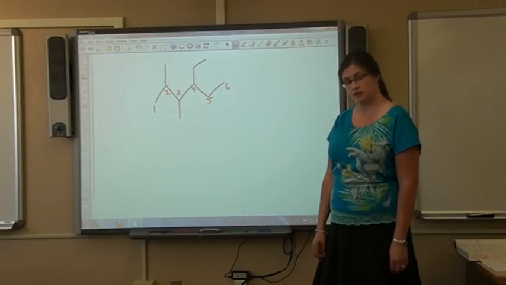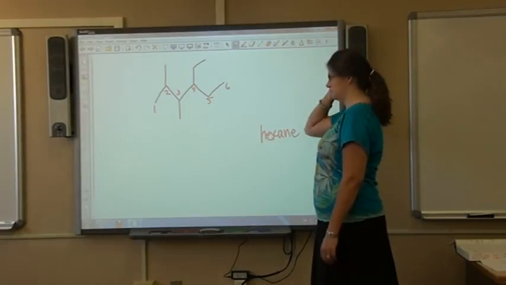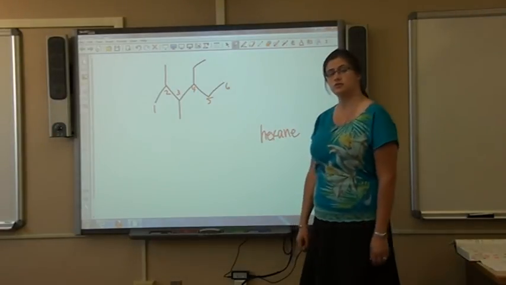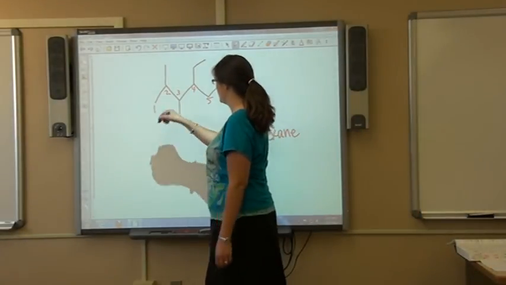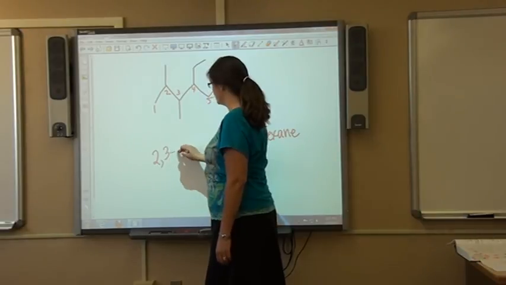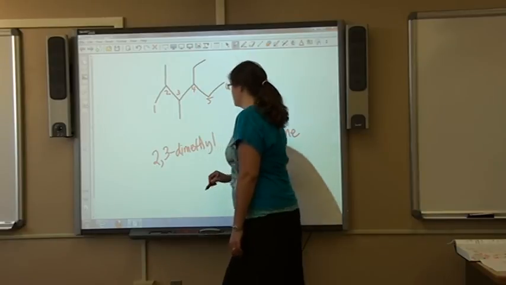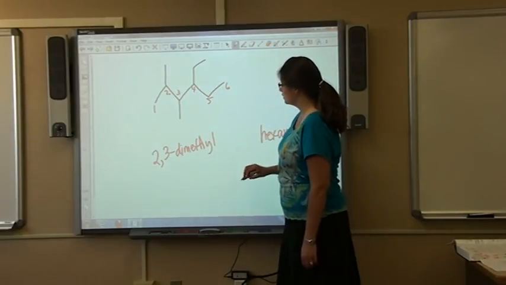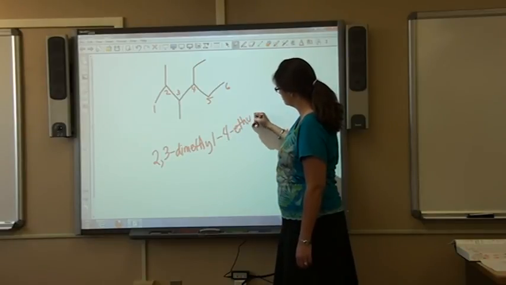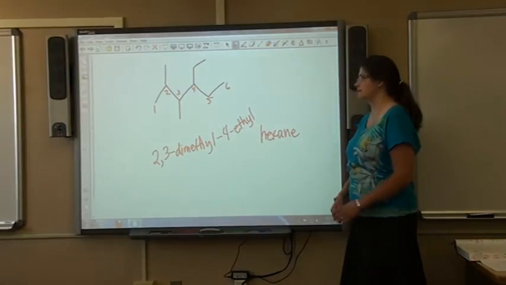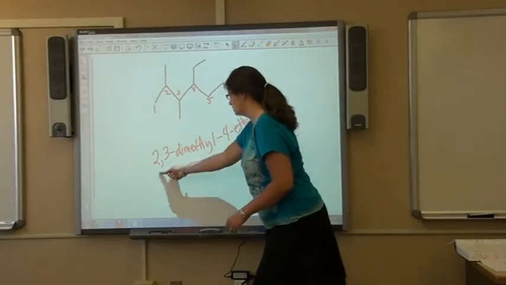What is your parent name? Hexane. Okay, now let's go through and name all of our substituents. Well, let's start from left to right. Here we have 2,3 dimethyl. And then we've got something on that 4. We have 4 ethyl. And then that's all. Okay, so here are my substituents.